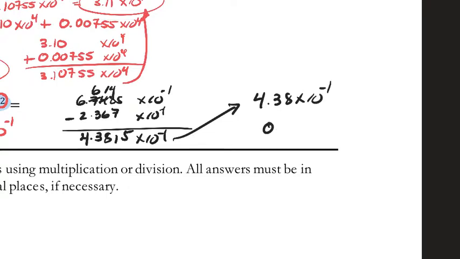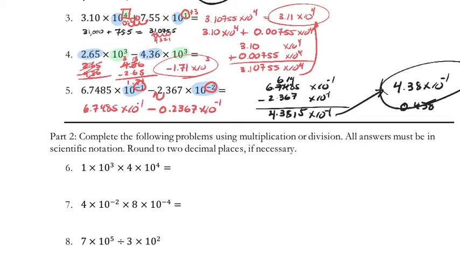In standard form, it'd be 0.438. So we see the answer right there, 4.38 times 10 to the negative first. So that's a good help there for doing these problems with addition or subtraction within scientific notation.